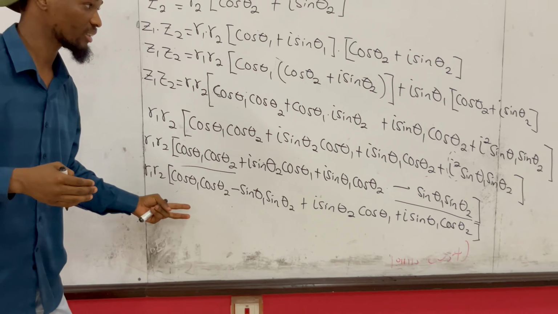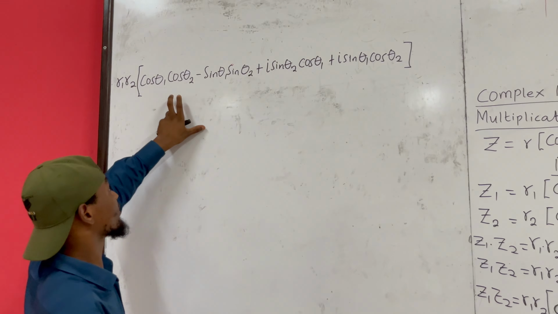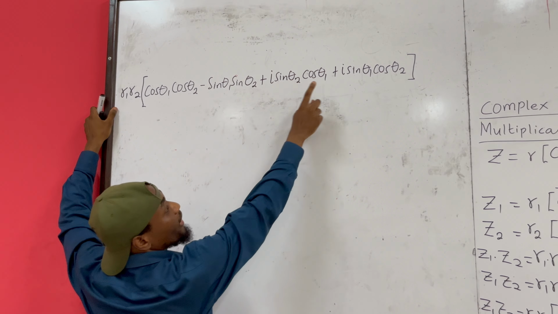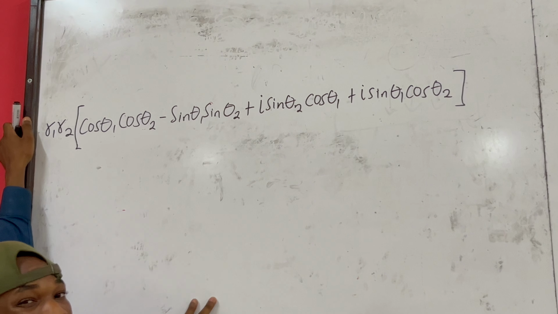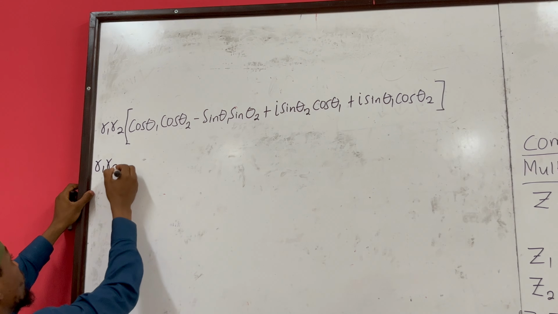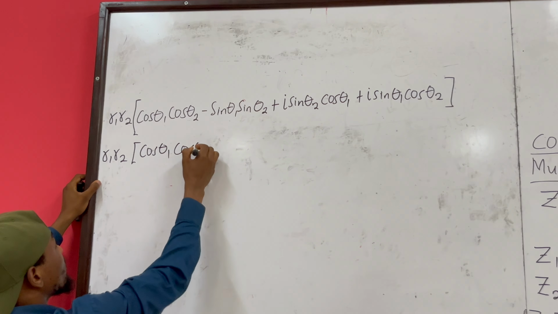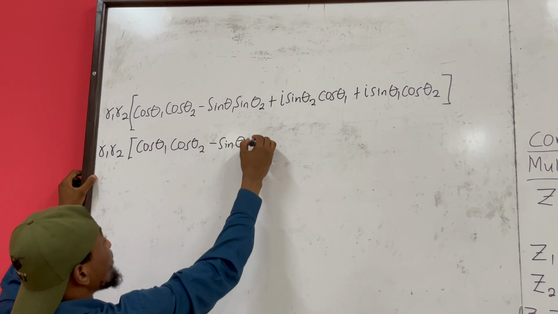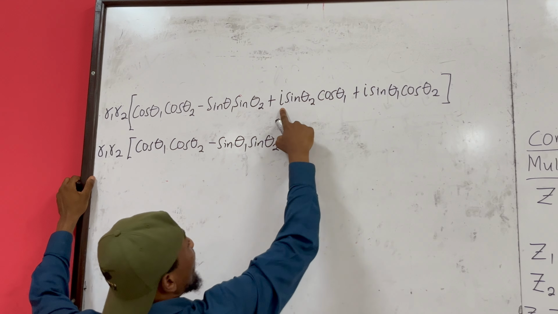For want of space, let's move on to this side. This is what we have. So i is here and i is here. Since i is common, I'll do factorization. So I'll factor i out. So I have r1, r2, then I have cos theta 1 cos theta 2 minus sine theta 1 sine theta 2, then plus i.